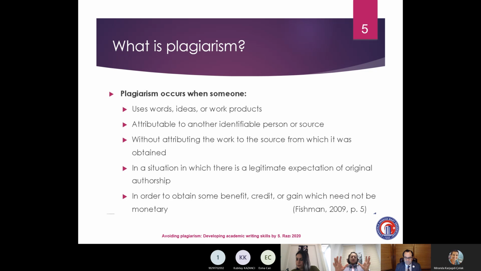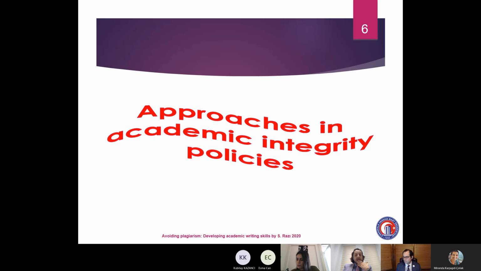Here, what we mean by plagiarism is using words, ideas, or any work products attributable to another identifiable person without attributing, without citing, without informing your readers or audience that you borrowed this information from somewhere else, in order to gain some credit. Okay, this is our consensus on our understanding of plagiarism.